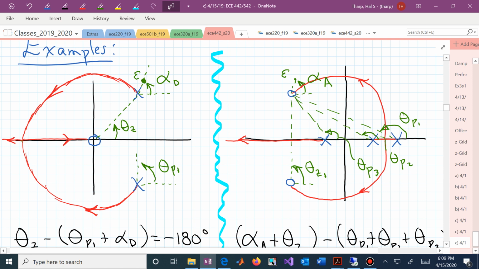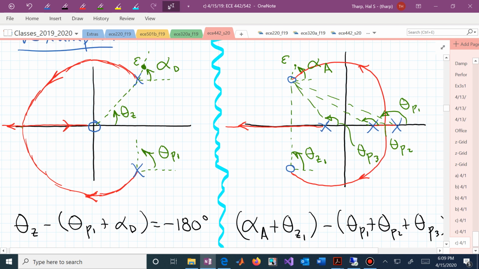Notice that I now have indicated an arbitrary point, epsilon, very near, an epsilon away from that pole in the first quadrant on the example on the left. If that is epsilon away from that pole, then I can fairly easily determine the angle theta sub P1.